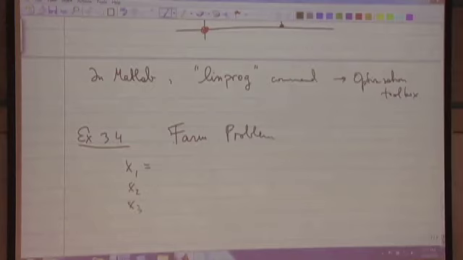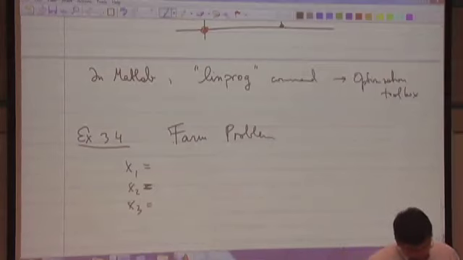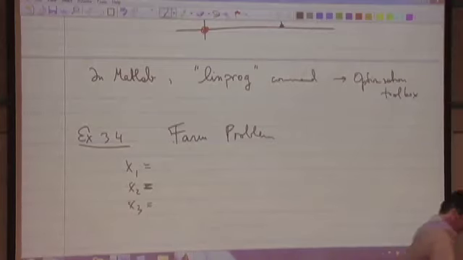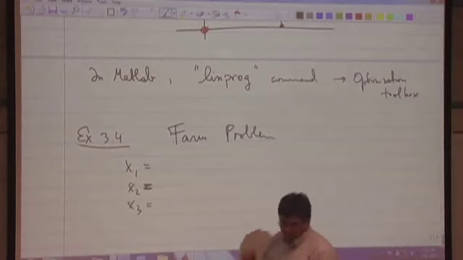I'll do it a little bit shorter than the book does, because the book actually goes through the 5 steps of modeling. But I'll just highlight the important ingredients in this model.